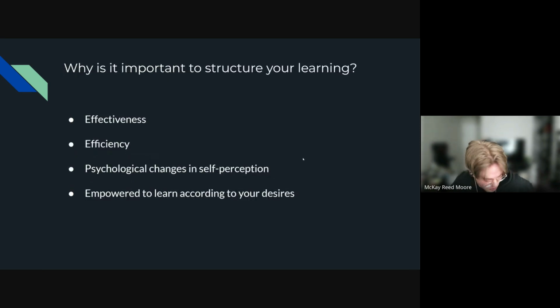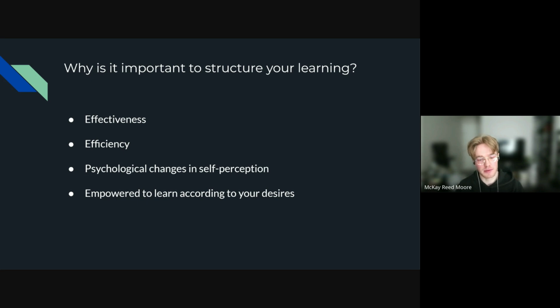So before we go into these individual principles, I think it's important to understand why it's important to structure your learning. If you would like to make the best use of your time, it's important to follow some sort of program, or at least develop the ability to understand what's good and what's not good, so you don't waste your time doing things that aren't super helpful.